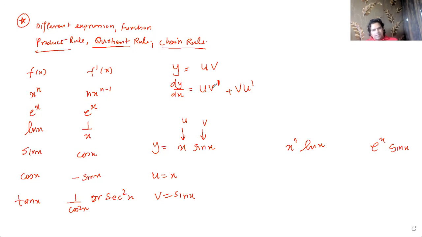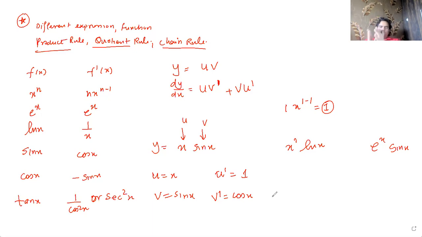Now, the first thing I need is u dash and v dash. Let's say u dash is the derivative of x, which is 1. In case you don't know, x to the power 1 minus 1 gives 1. So remember in short that the derivative of x is 1. The derivative of v, which is sine x, is cos x.